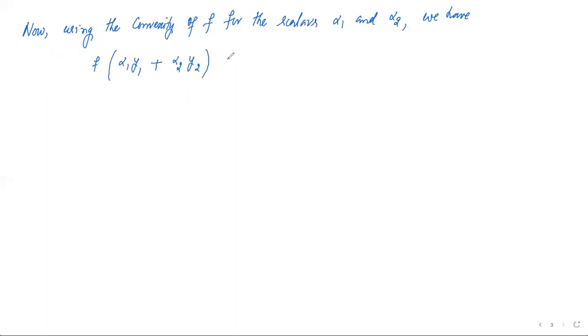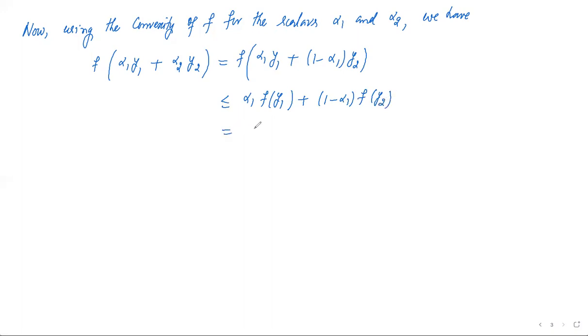This can in fact be written as f of alpha 1 y1 plus 1 minus alpha 1 times y2. Now here we can use the basic definition of convexity. This is less than or equal to alpha 1 f of y1 plus 1 minus alpha 1 times f of y2. But 1 minus alpha 1 is equal to alpha 2, so this is alpha 1 f of y1 plus alpha 2 f of y2.